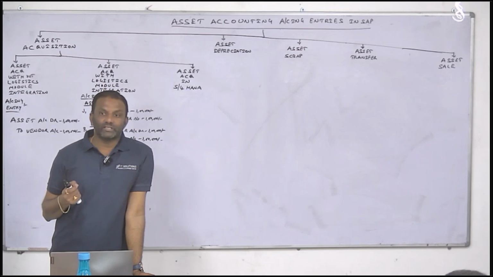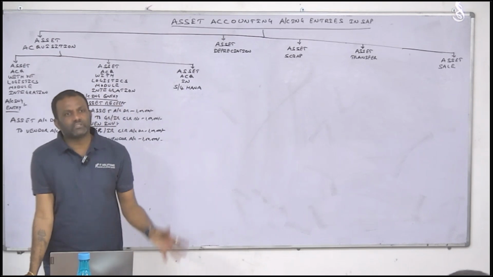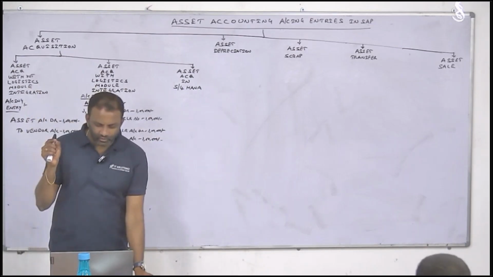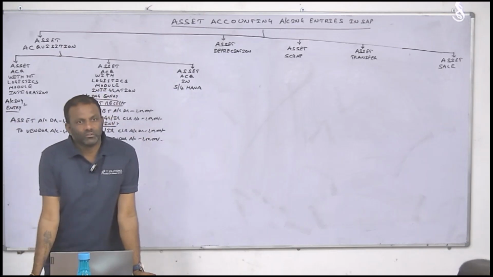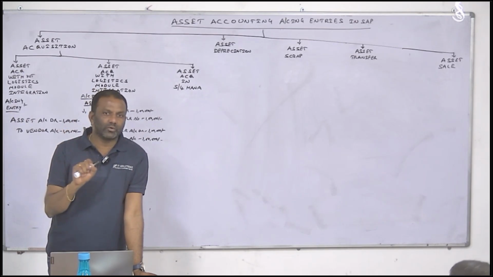Asset acquisition in S4HANA. Here in S4HANA, they have changed some structure technically, but an entry is an entry. Sir, one thing I want to convey to you. What is SAP? SAP is just an ERP application. Always keep that in your mind. SAP doesn't change any accounting.